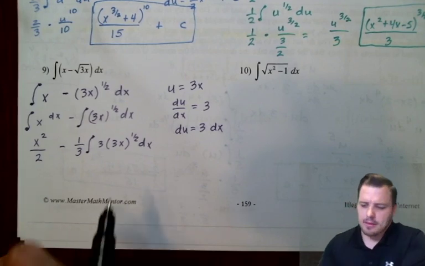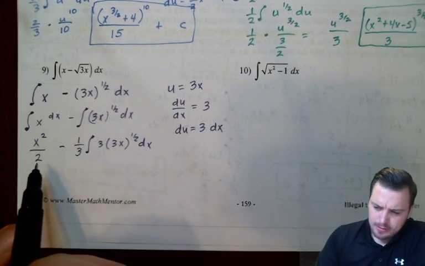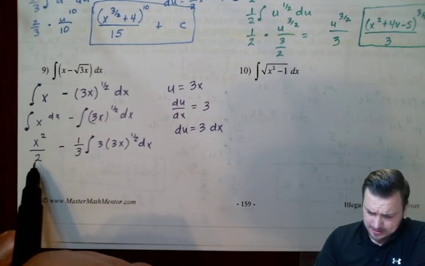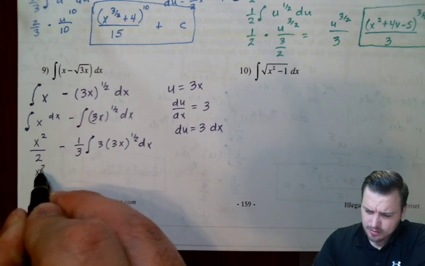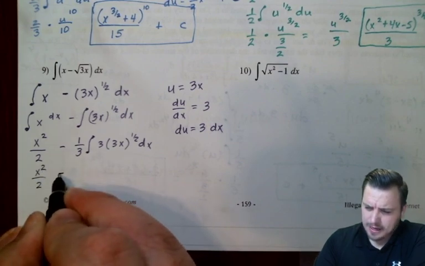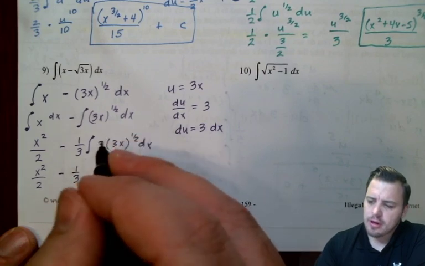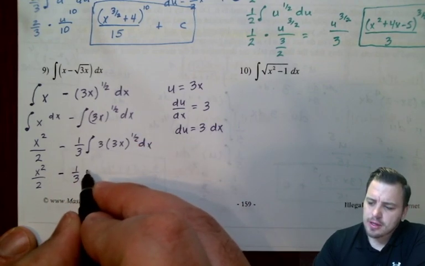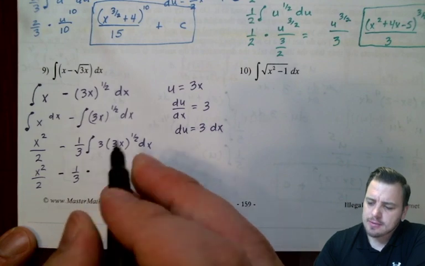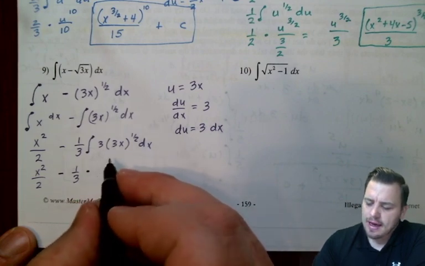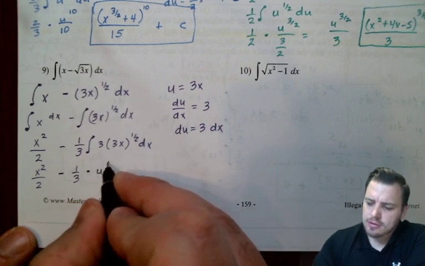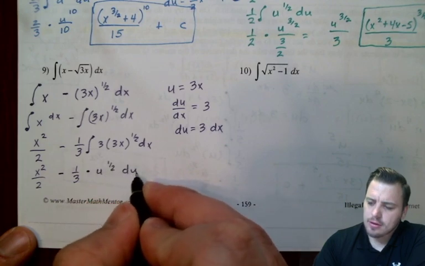All right, then from there, x squared over 2 can drop, minus, now let's substitute u here. So 1/3, and then that, of course, will be times u to the 1/2 du.